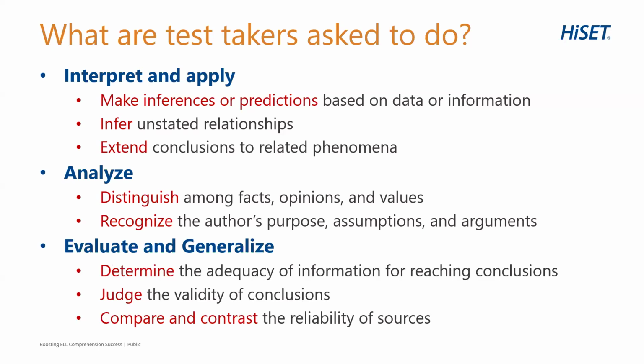Okay, and they also need to evaluate and generalize. Okay, so they have to determine the adequacy of information for reaching conclusions, judge the validity of conclusions, and compare and contrast the reliability of sources. Okay, so those are pretty high-level things that they have to be able to demonstrate.